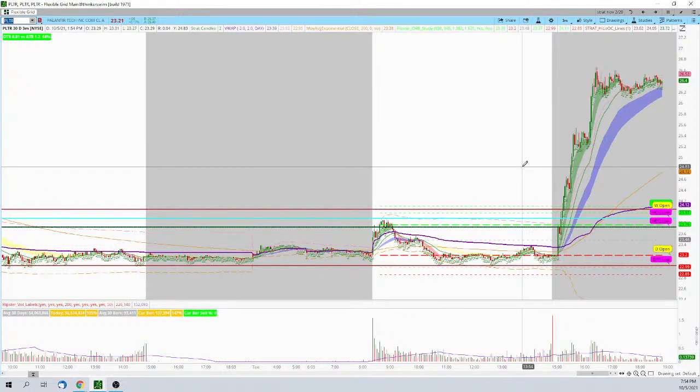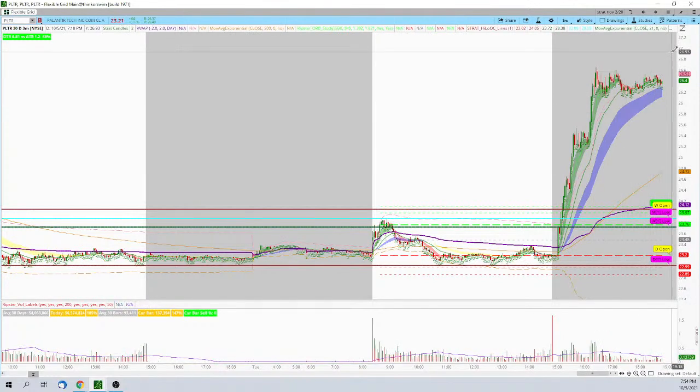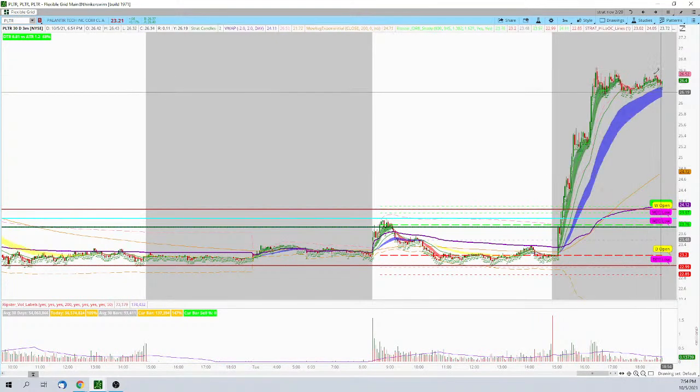So one thing you want to see tomorrow morning on old Palantir is a continuation of your green cloud and your blue lower support. And if you're trying to catch this tomorrow on the 3-minute, stick to the rule.